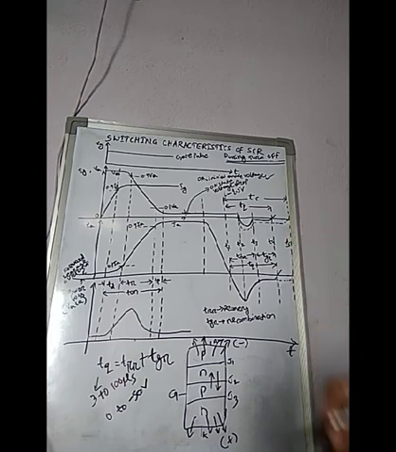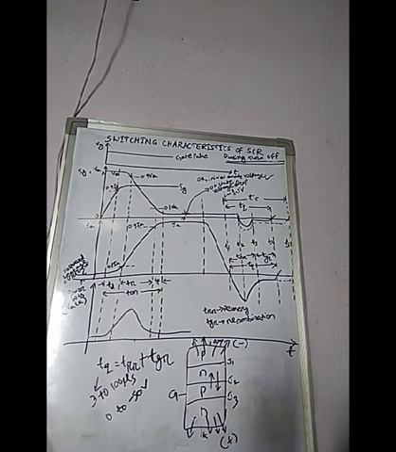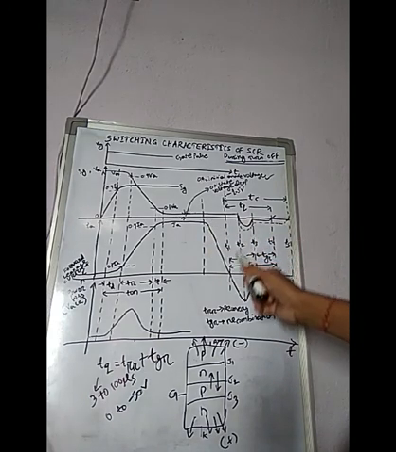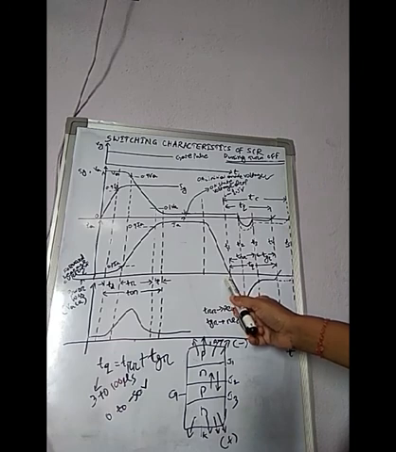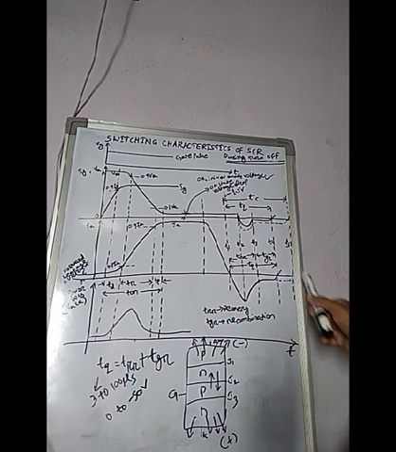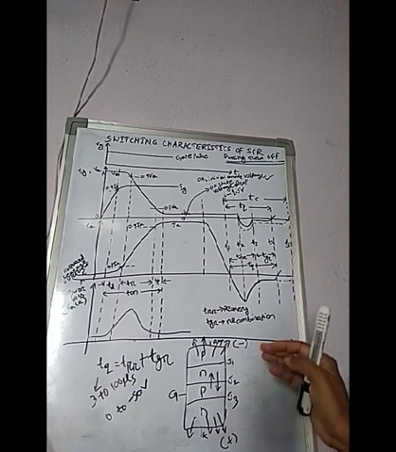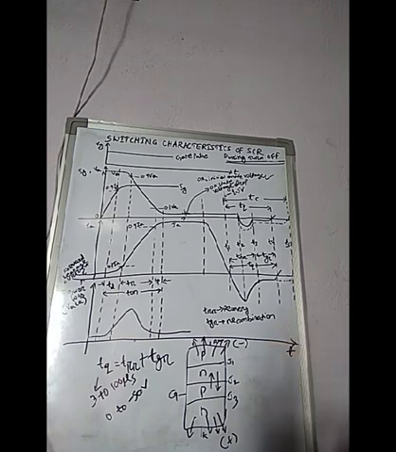So TC must be greater than TQ for a reliable turn off process.